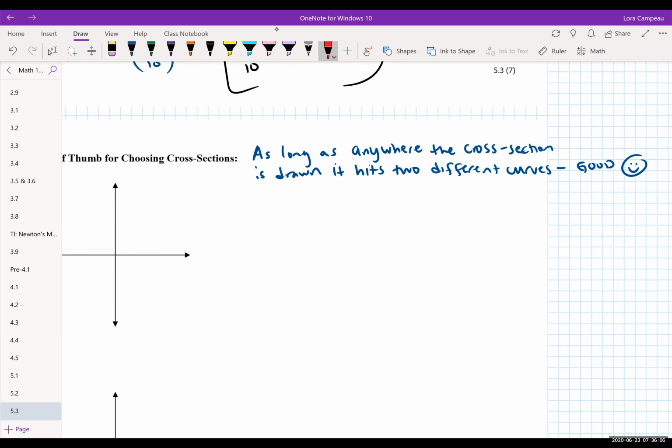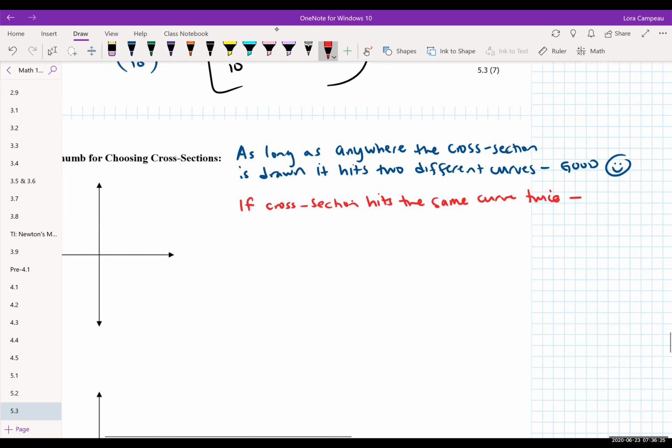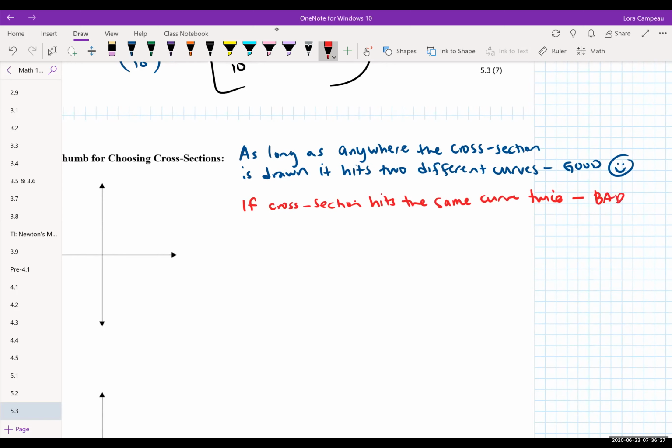Then I will follow this up: if your cross section hits the same curve twice, for lack of a better word, we will just say bad. That causes trouble. So that should give you a good idea.